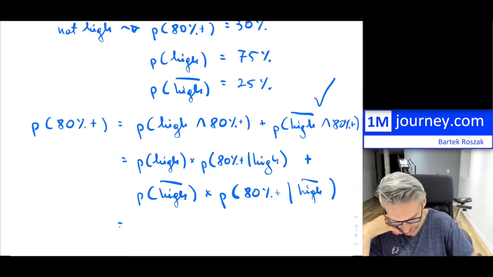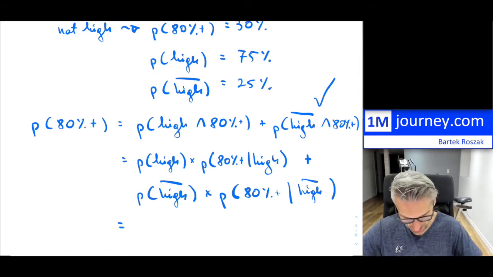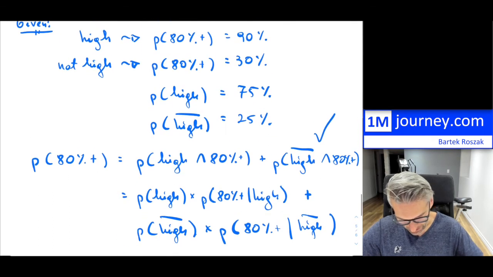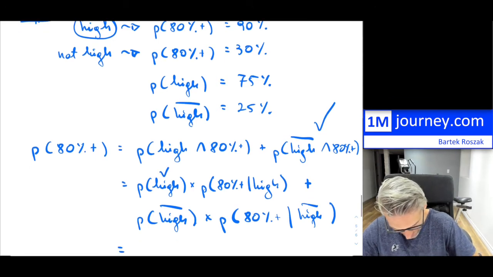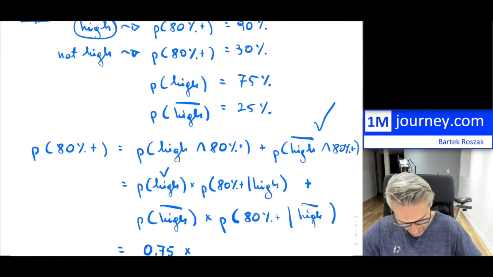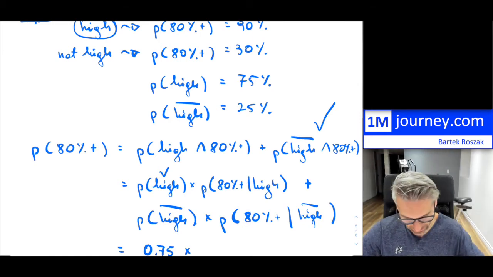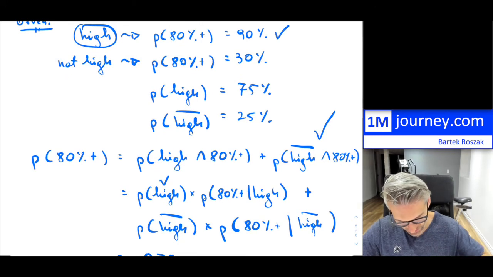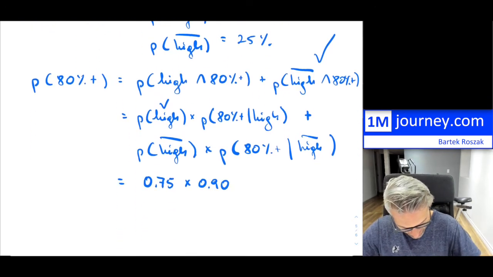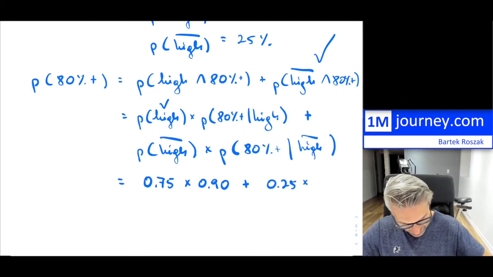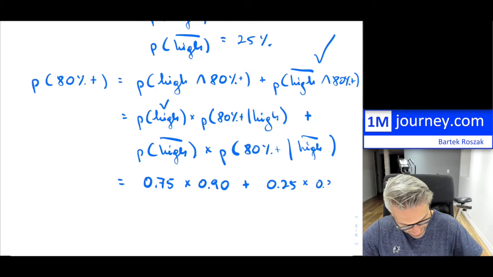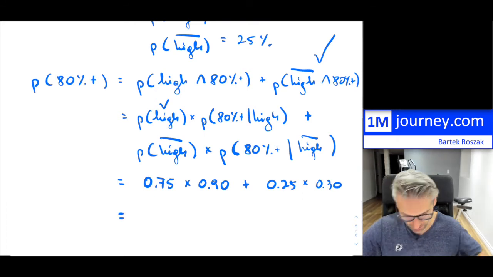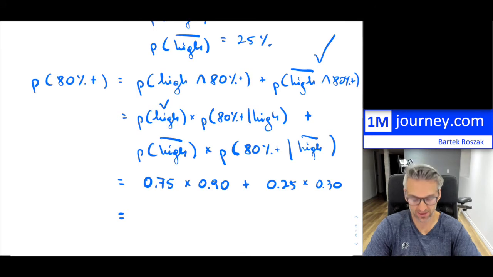Now if you substitute all of these, the high confidence happens with 75%, multiplied by the probability of 80 given high, which was 90%. Plus, now the opposite, 0.25 multiplied by the 30% probability. Now we can compute these and obtain our answer. Let's do it.